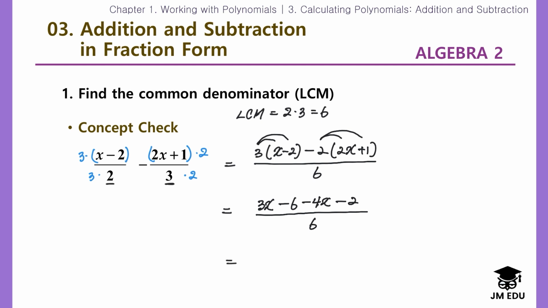So that's going to be equal to, like terms, we have 3x minus 4x. 3 minus 4, that's minus 1, so minus 1x. Constants, minus 6 minus 2, that's minus 8, right? So minus 8 over the denominator 6.